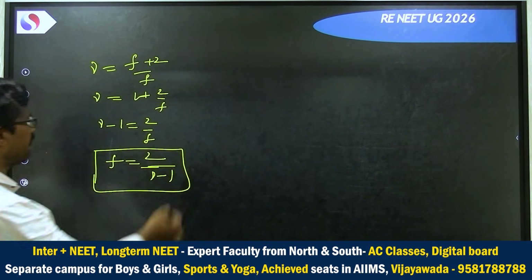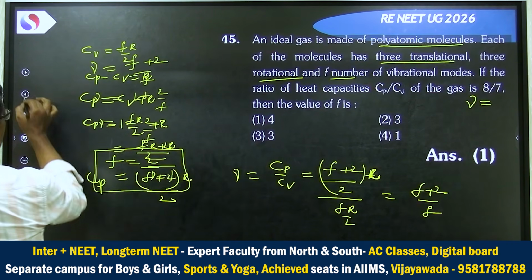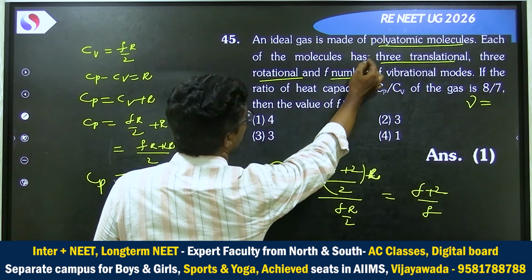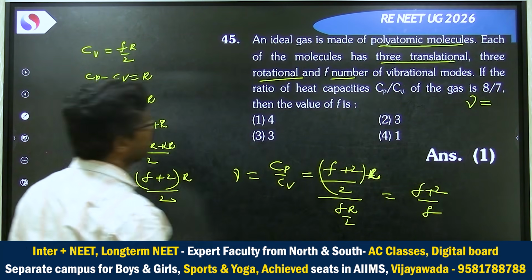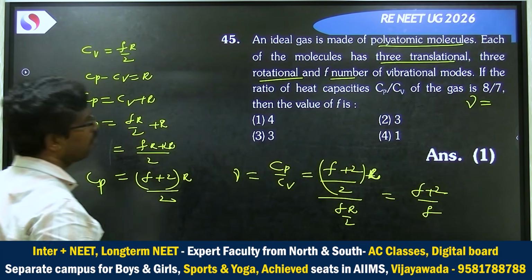See once again, 3 translational modes means degree of freedom is 3, and 3 rotational modes, and f vibrational modes.